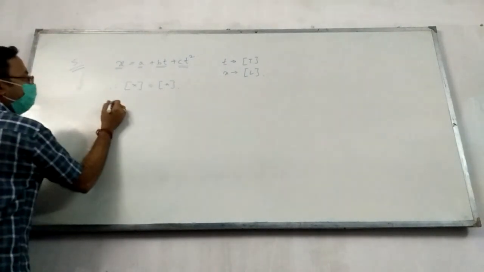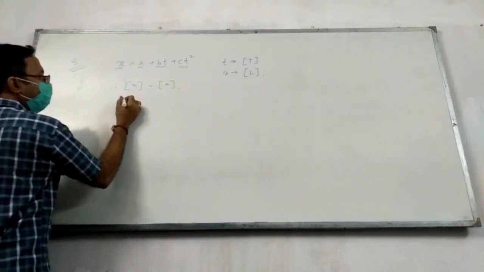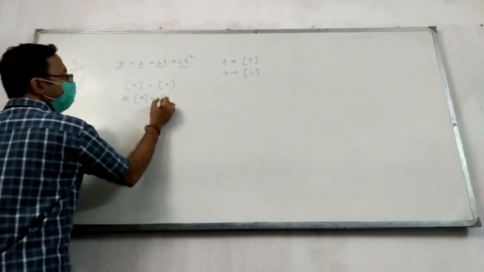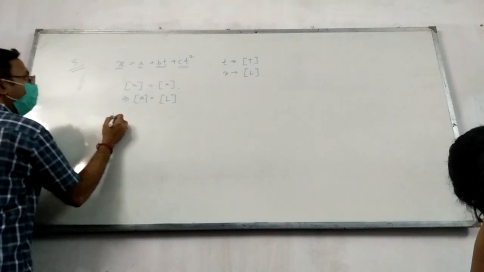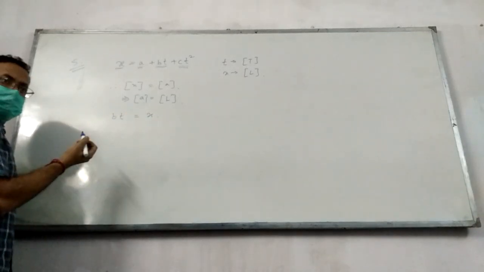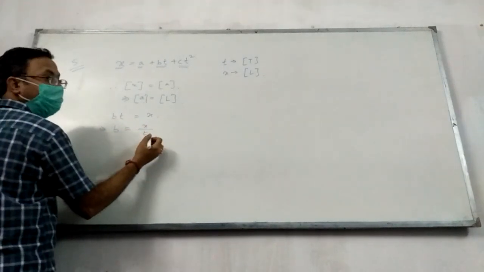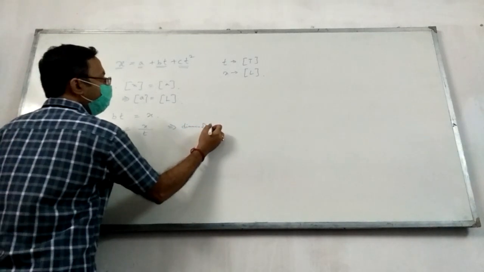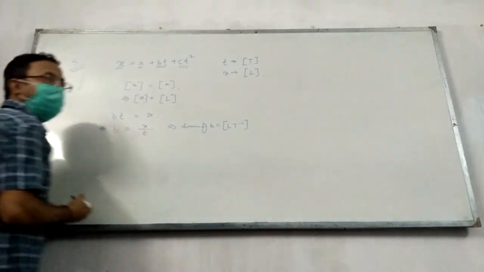Now what is dimension of x? L. So you can write, therefore, dimension of a is equal to L. Similarly, bt is equal to x, so b equal to x by t, that implies dimension of b is equal to L T to the power minus 1.